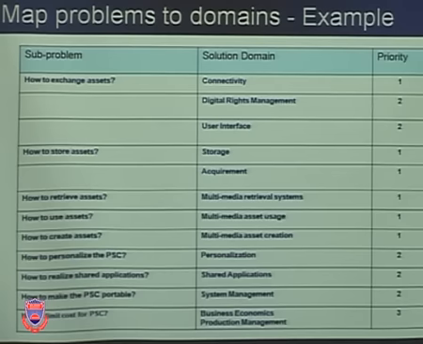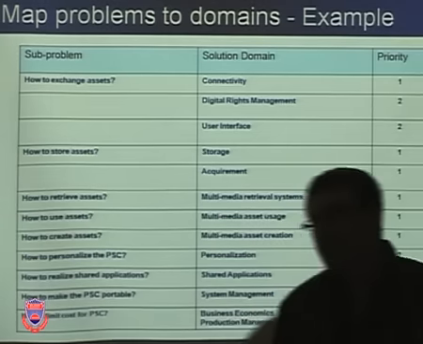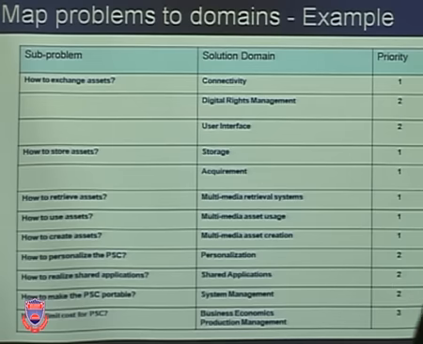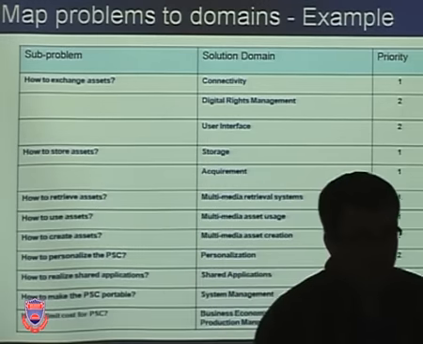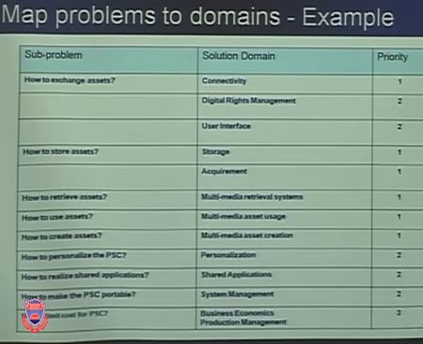How to retrieve assets, multimedia retrieval systems. What you see here is that the terms that we can identify in the problems very often also occur in the solution domain. So actually we try to find a match, but this is not necessary. You could also have different terms in the problems.